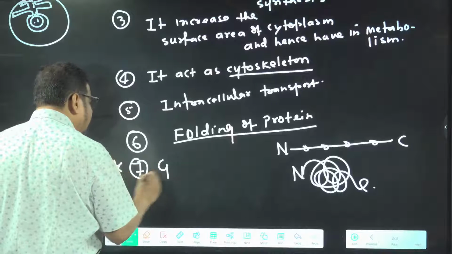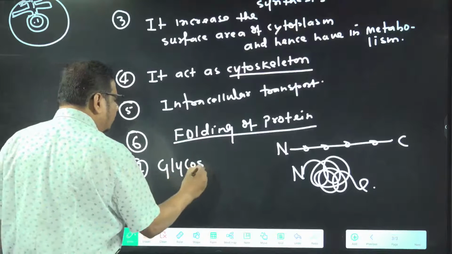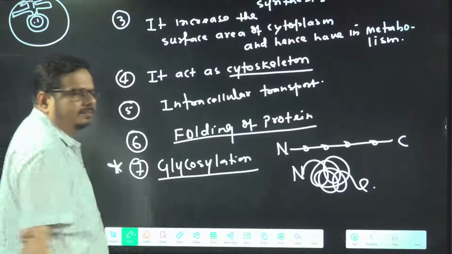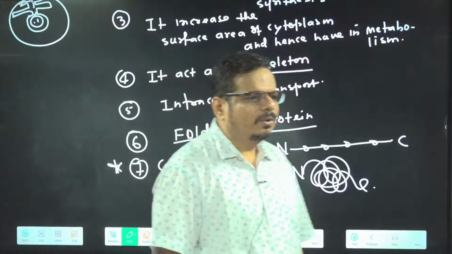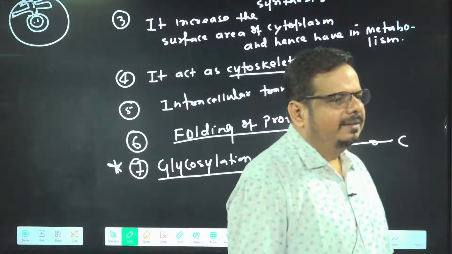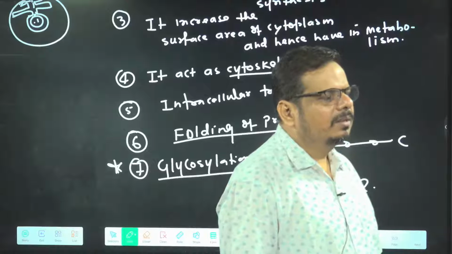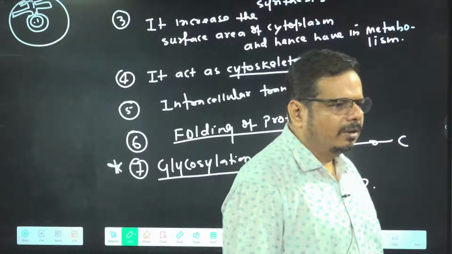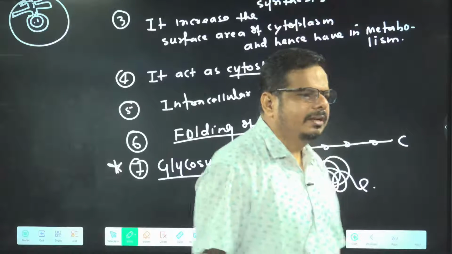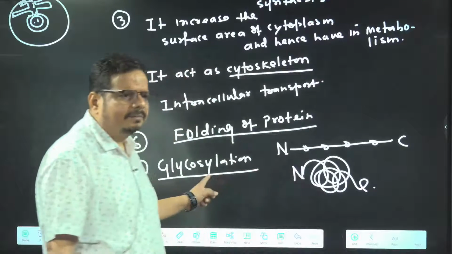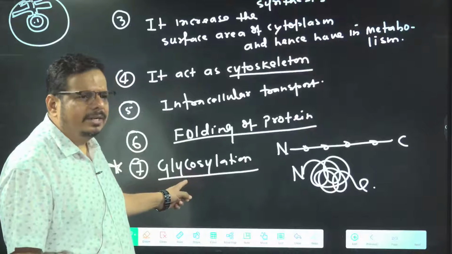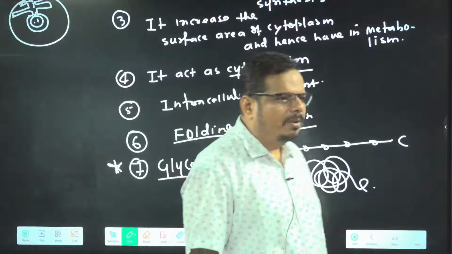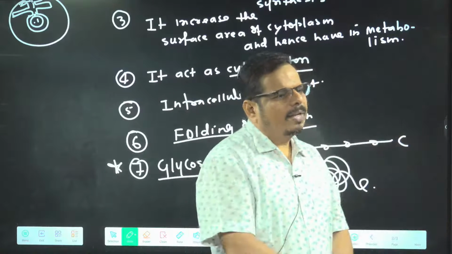Another function I am writing, glycosylation. I am putting a star mark here. It is written in NCERT under Golgi body: the formation of glycoprotein and glycolipid. Getting the things or not? Formation of glycoprotein and glycolipid occurs in Golgi body. It is written under chemical modification, Golgi body associated. ER is also associated, but in NCERT only Golgi body is written. I am telling you, if you have a question bank, go for 5-6 years back questions.